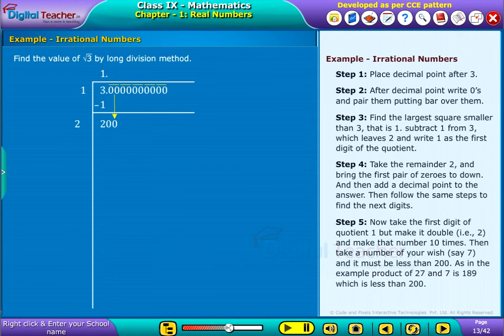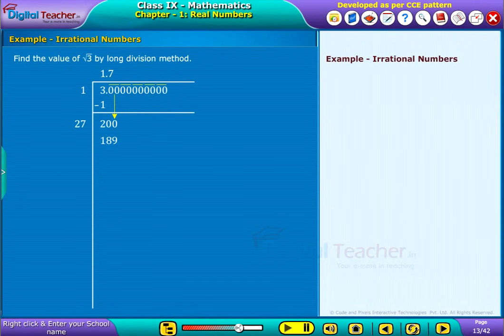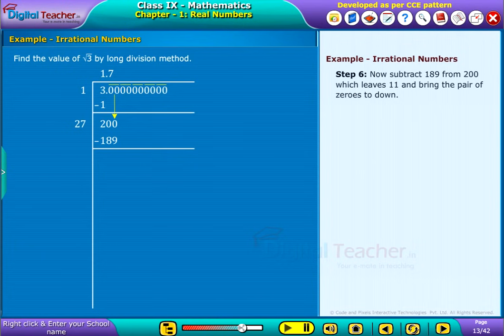Then take a number of your wish, say 7, and it must be less than 200. As in the example, product of 27 and 7 is 189, which is less than 200. Step 6. Subtract 189 from 200, which leaves 11, and bring the pair of zeros to down.